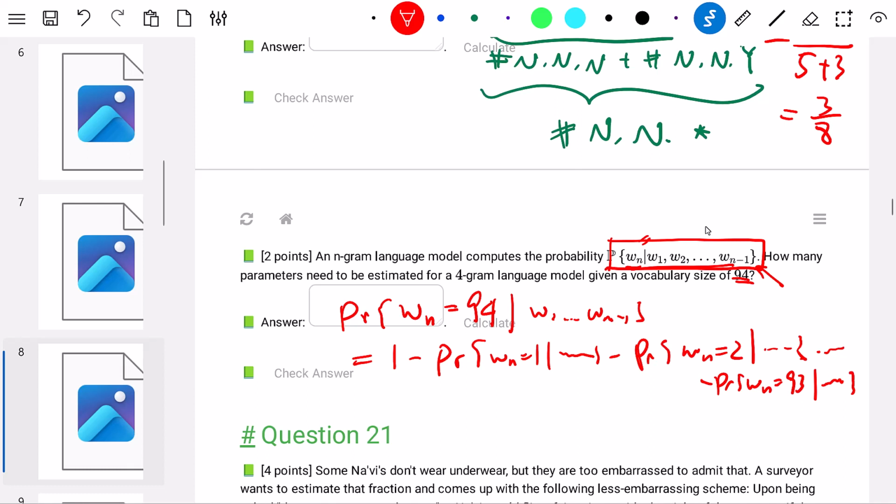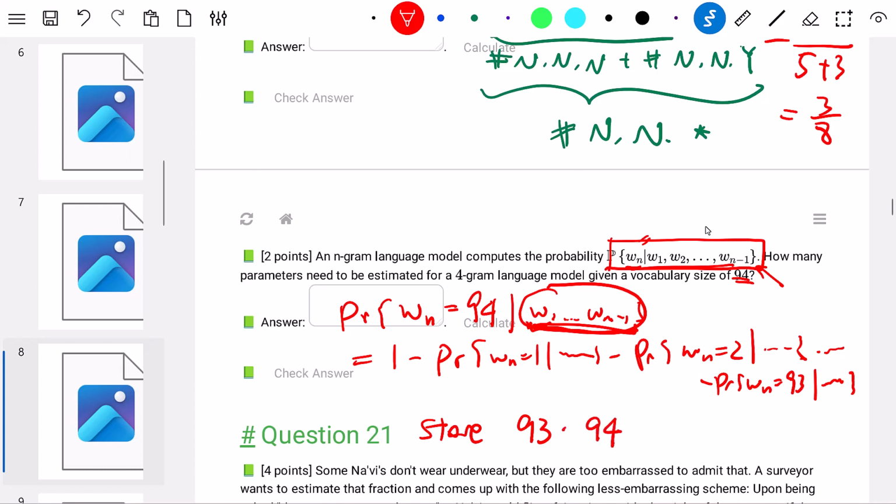So in particular, for each sequence of n-1 words, we need to store 93 conditional probabilities. And the question is, how many of these do we need? Each one can take 94 numbers, so we have n of them.